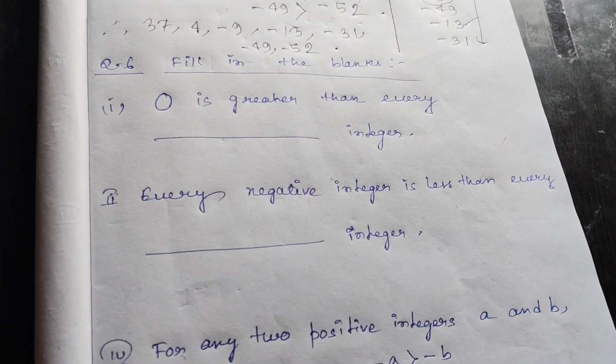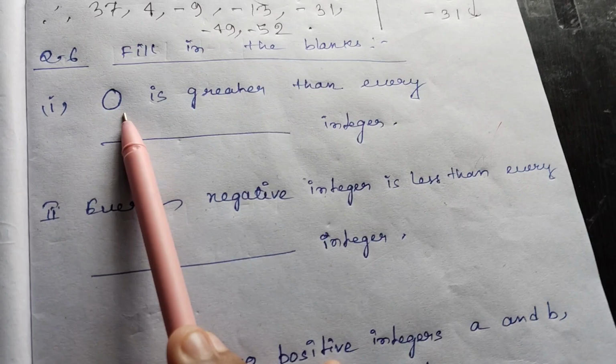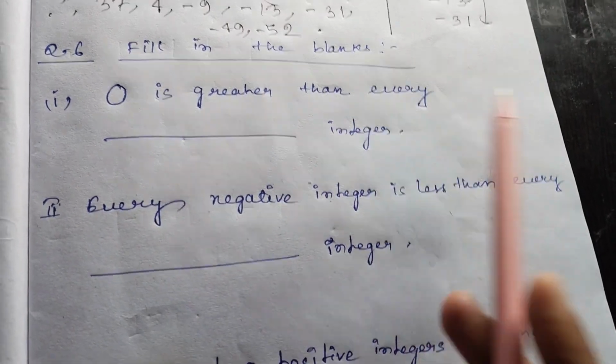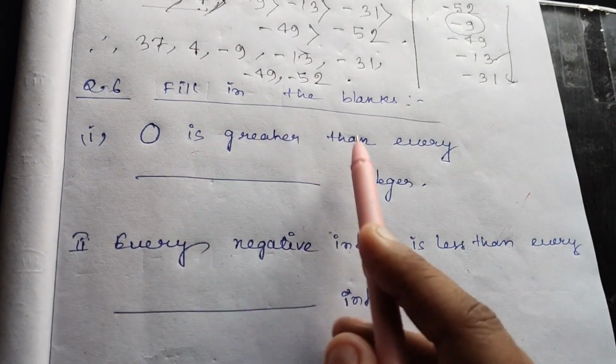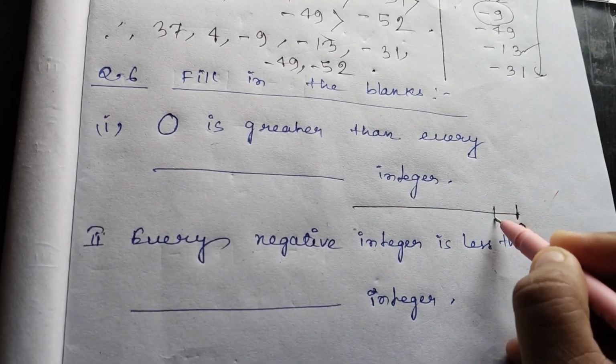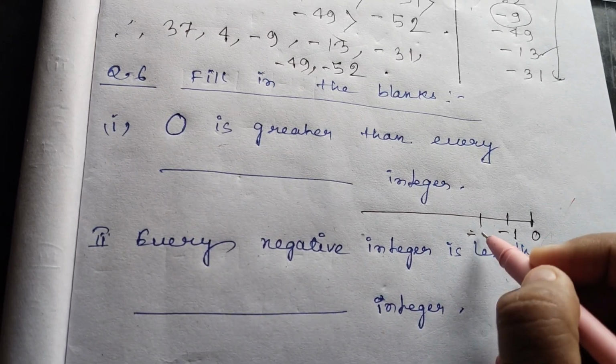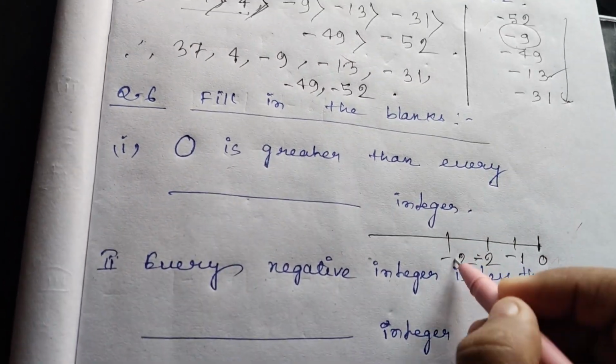Question number 6 is filling the blanks. The first question given: 0 is greater than every. On the number line, 0 is the middle point, and to the left of 0 there are negative numbers, right?